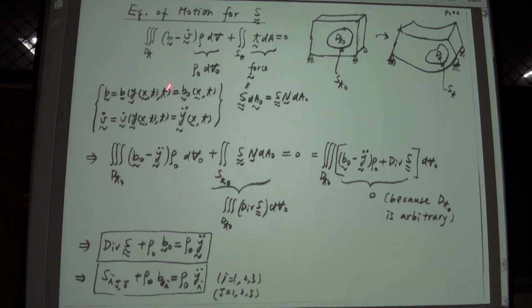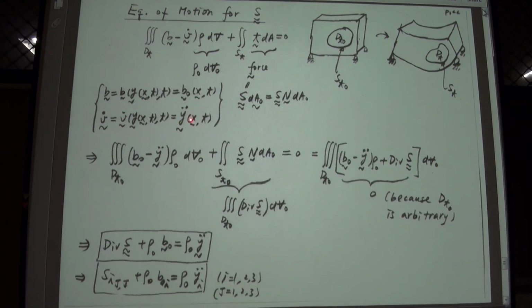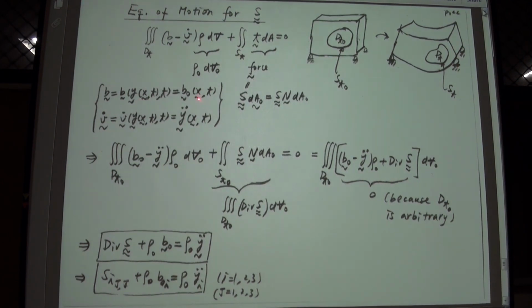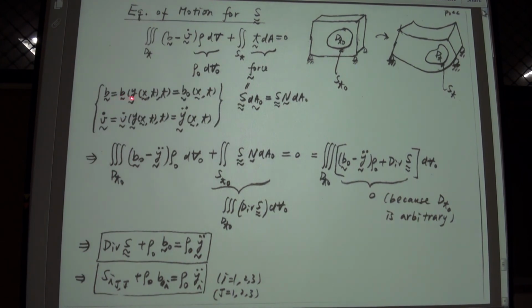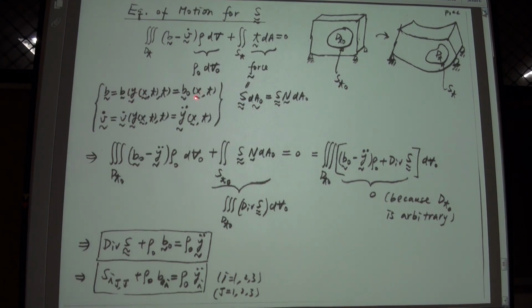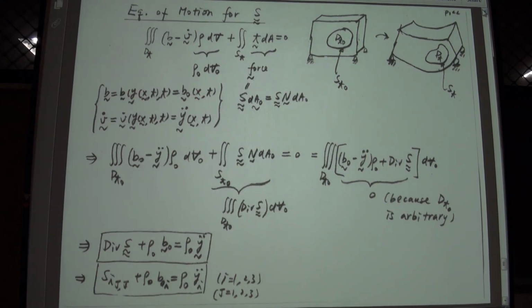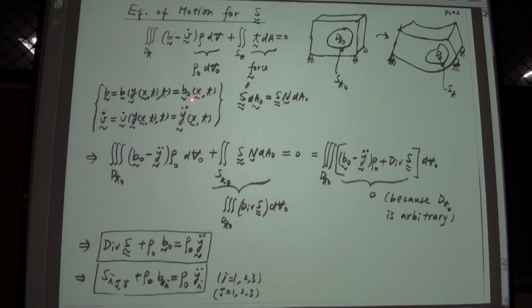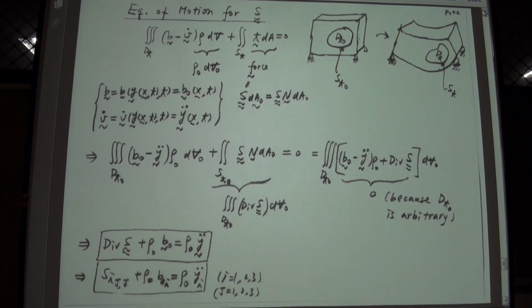Now we also want to rewrite the variables in terms of x instead of y. The body force is expressed in terms of the current configuration y, but y can be related to x by some relation. So we can replace this one by this one, and to make the difference, we label it b0. This is now the variable in terms of the x coordinate.